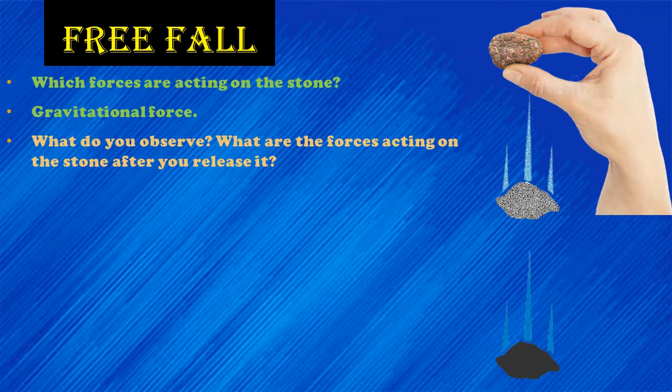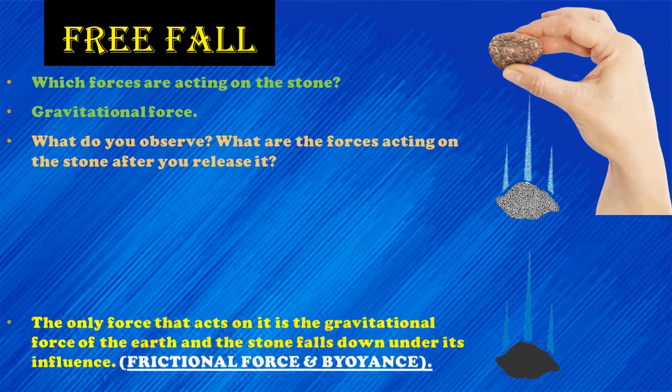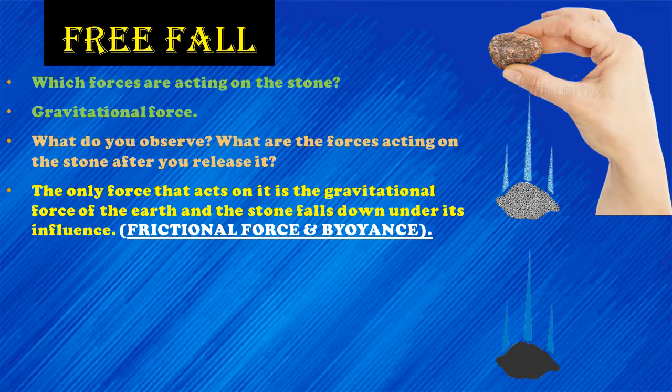When we release the stone from our hand, what happens? Once we release the stone, the only force that acts on it is the gravitational force of the earth, and the stone falls down under its influence.